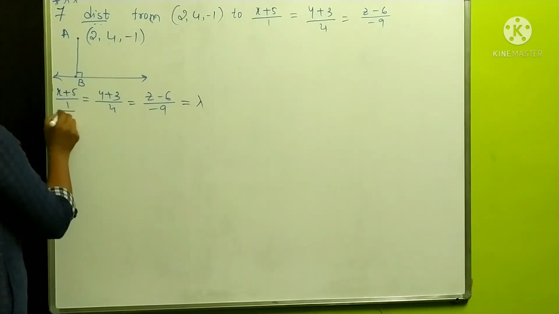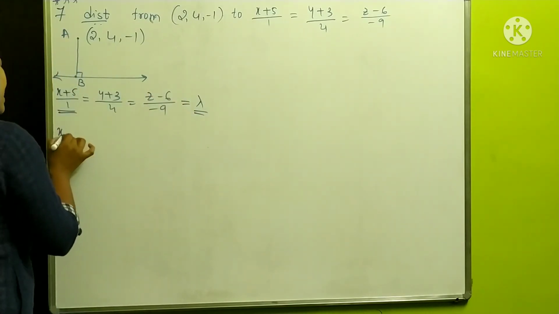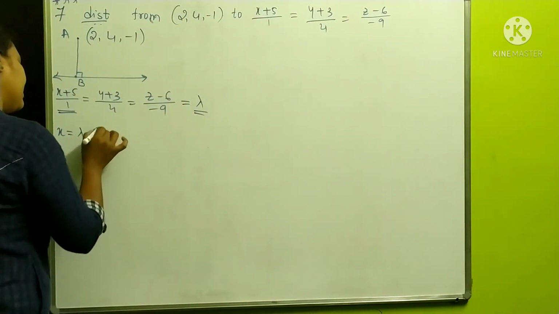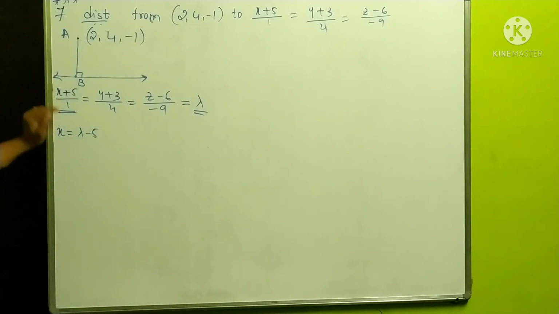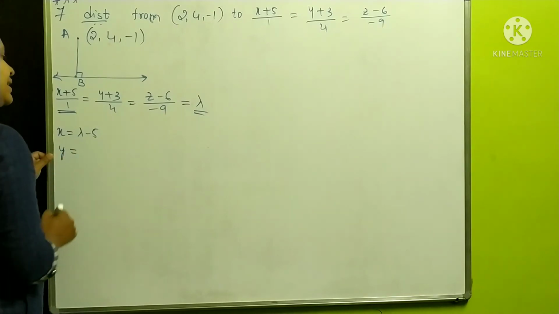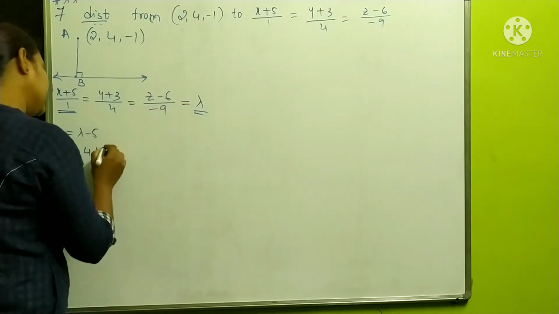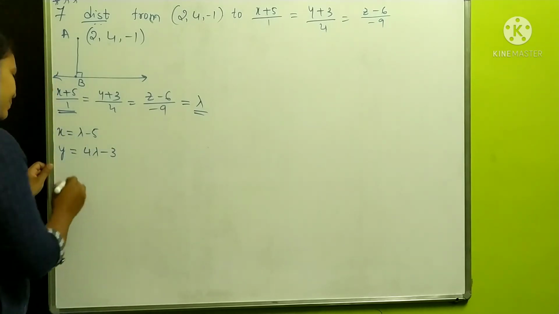So what happens? Equate this to lambda. x plus 5 by 1 is equal to lambda, so x is equal to lambda minus 5. Correct? Similarly, y is equal to 4 lambda, and the plus 3 comes to this side as minus 3.